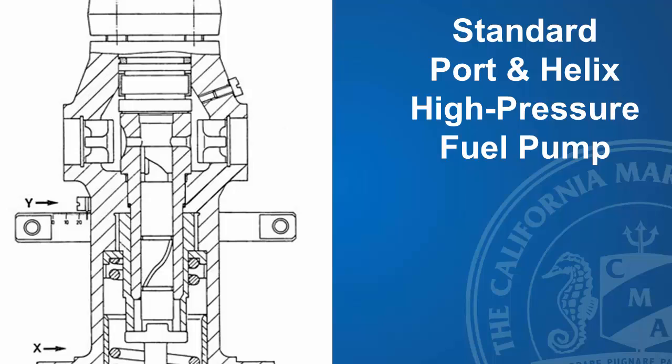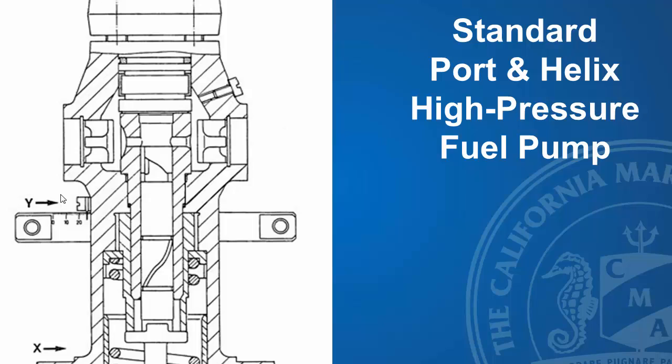Now, another thing I want to mention on this is that with this type of pump, start of injection is always the same. End of injection varies, and that end of injection is controlled by rotating the pump plunger, and that helix, when the helix uncovers the spill port, you have end of injection. So you're rotating the pump plunger to control the duration of injection.